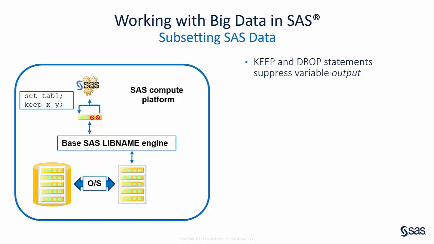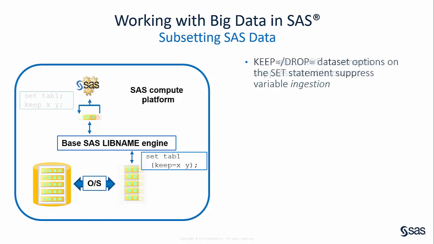It's not always just about rows, but it's also about columns. Some data sets are extremely wide, and we only need a few of the variables in that data set for our process. Again, there's two ways of approaching this problem. We can use KEEP or DROP statements in the SAS code, and this suppresses variable output. But if you don't need that data at all for any of your processing, you can reduce the size of the data ingested by using a KEEP= or DROP= data set option on the SET statement.